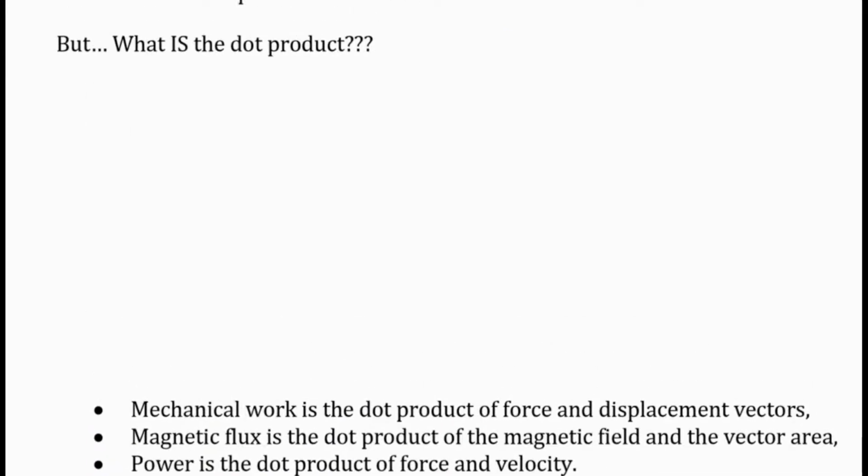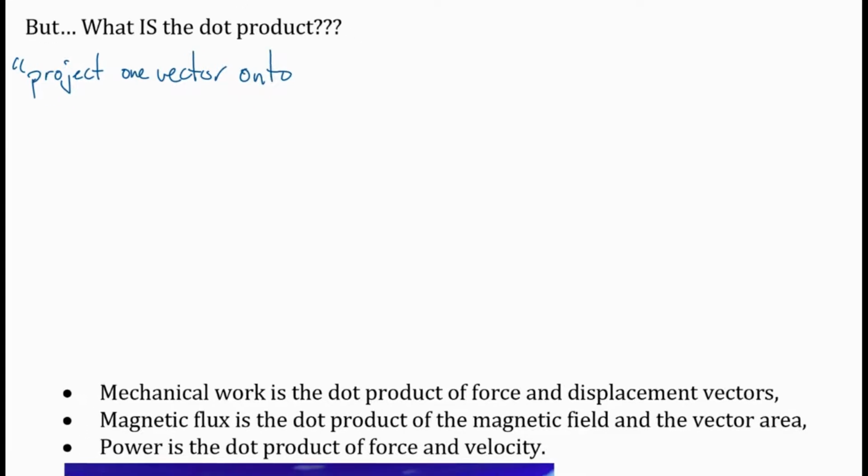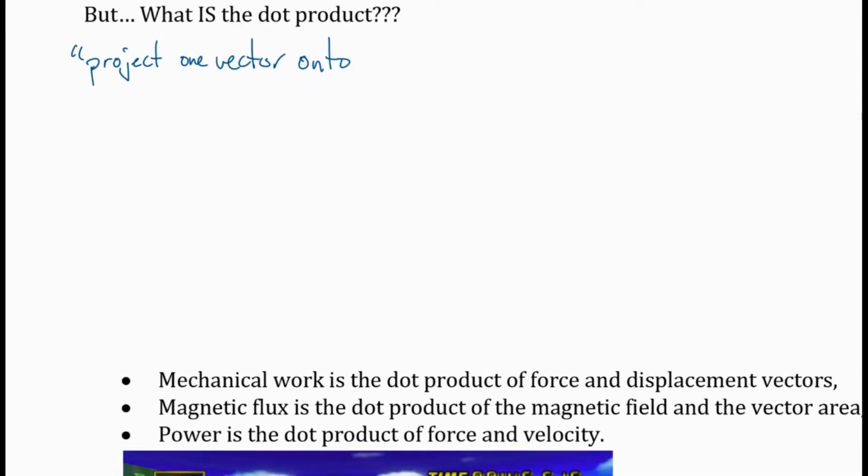Okay, so just generally, what is the dot product? The dot product is when you project one vector onto another, and then you multiply those magnitudes.